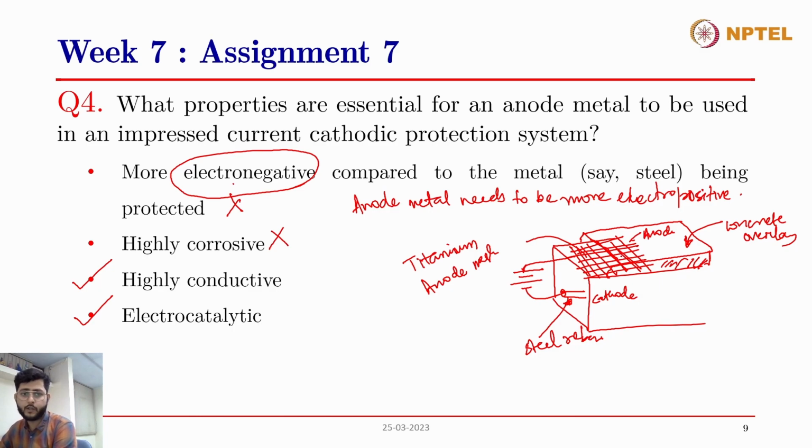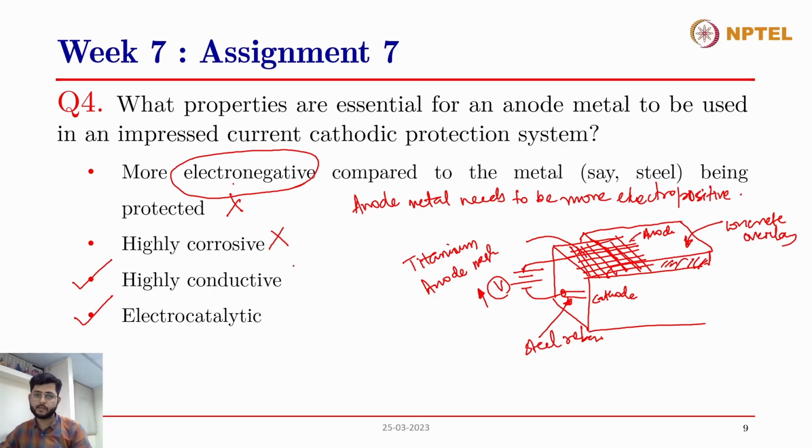Therefore, we want a highly corrosion resistant metal to be used as the anode metal, so that even though we'll require a higher voltage, compared to if we used steel reinforcement as an anodic metal, we will not need to replace the mesh as frequently as in another type of metal, which is highly corrosive.